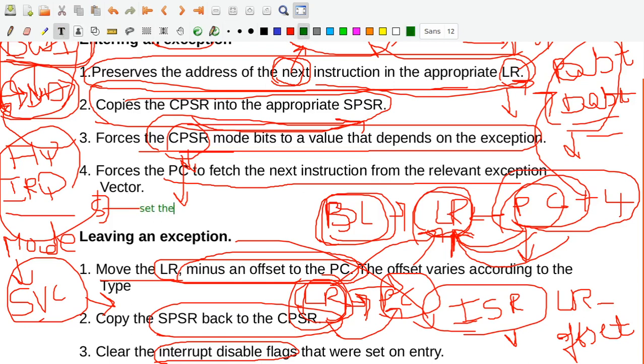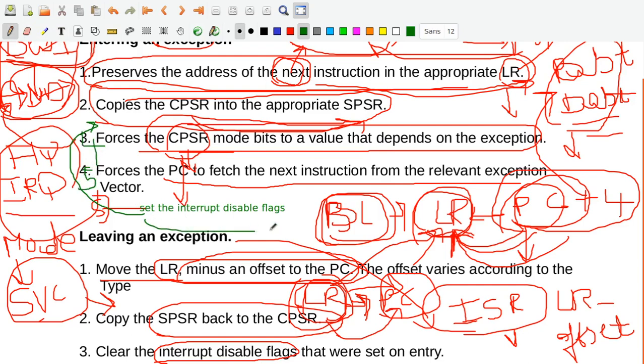Set the interrupt disable flags. Maybe you can put this in the third slot, this you can put fourth, and this you can make 5.